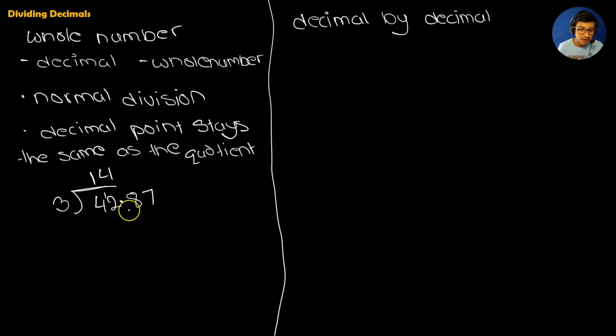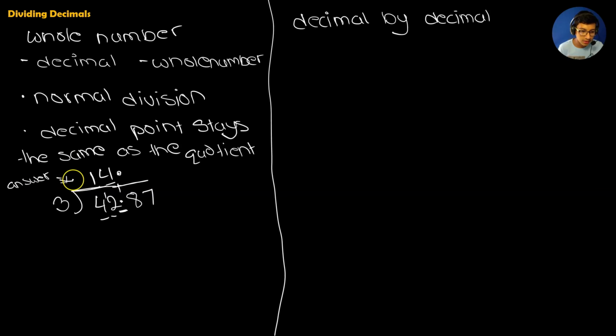And then here, as you can see, we have a decimal point. It has 2 places, so our answer will have 2 places, and the decimal point will stay in the same place.